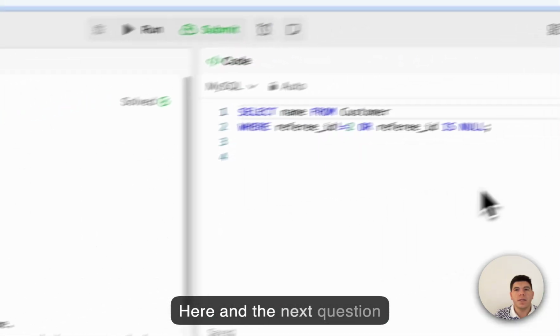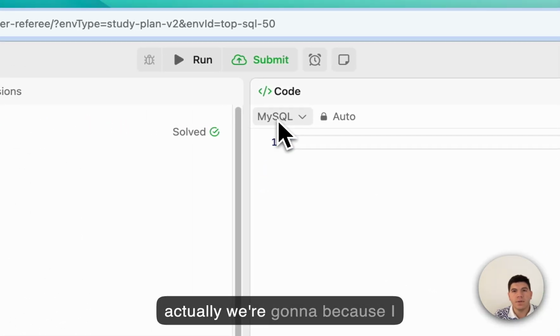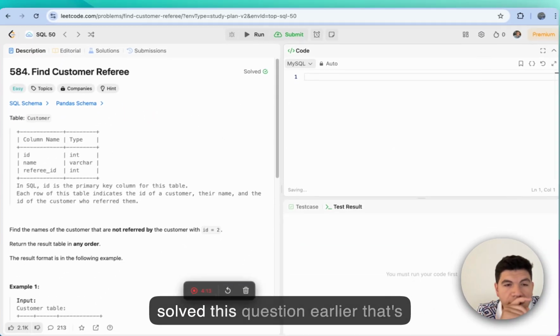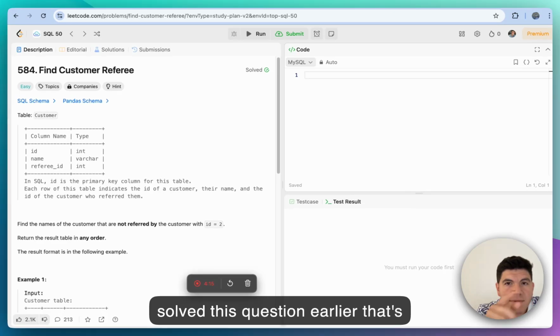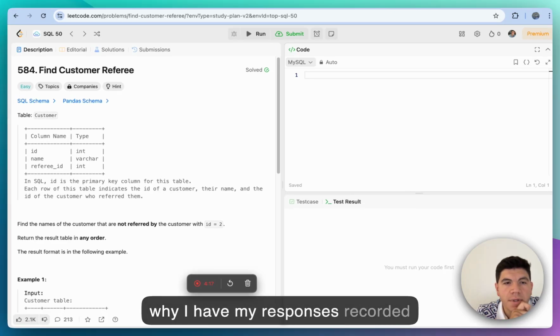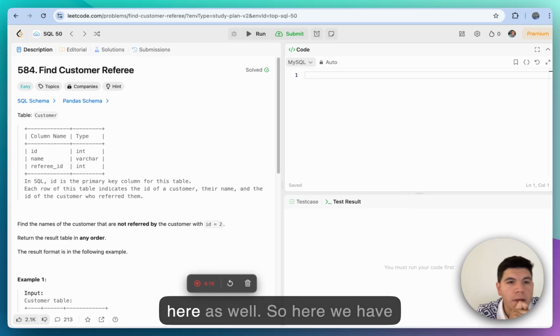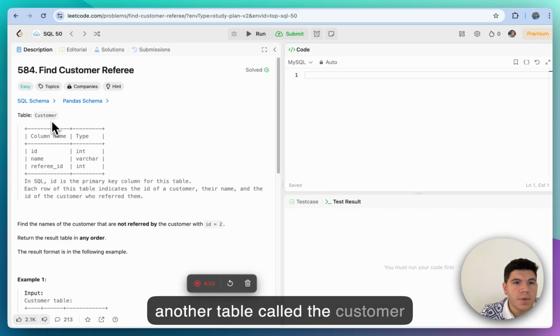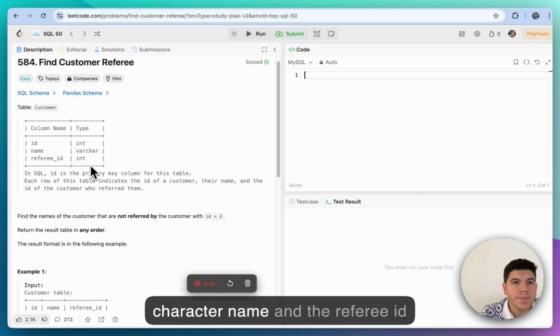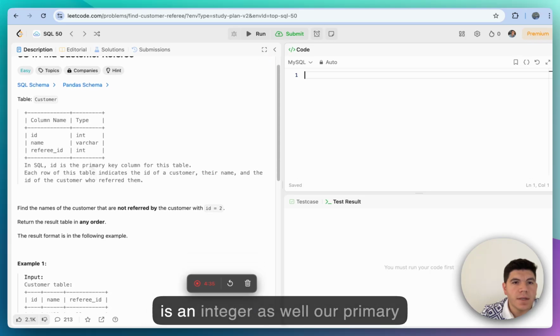On the next question, because I solved this question earlier, I have my responses recorded here as well. Here we have another table called customer with 3 columns called ID, name, and referee ID. ID is an integer, name is a variable character, and the referee ID is an integer as well.